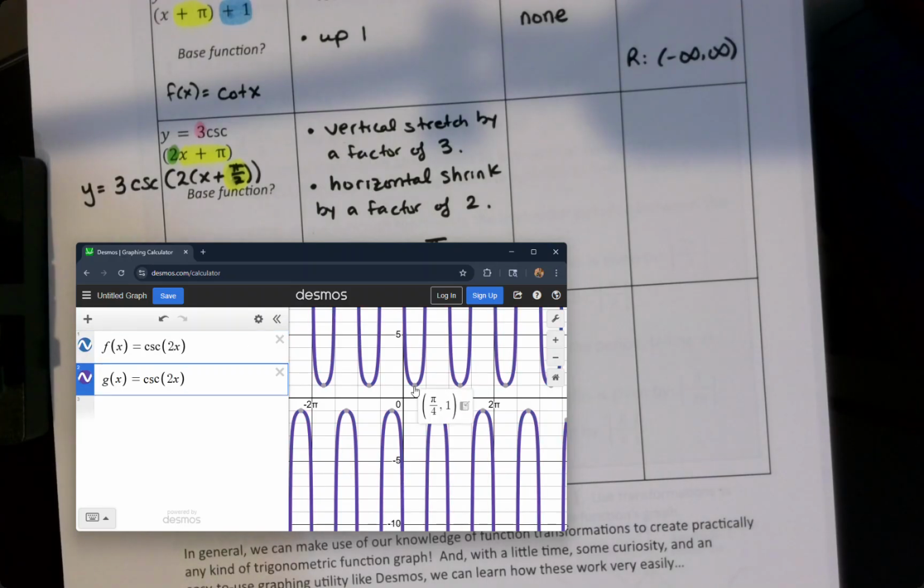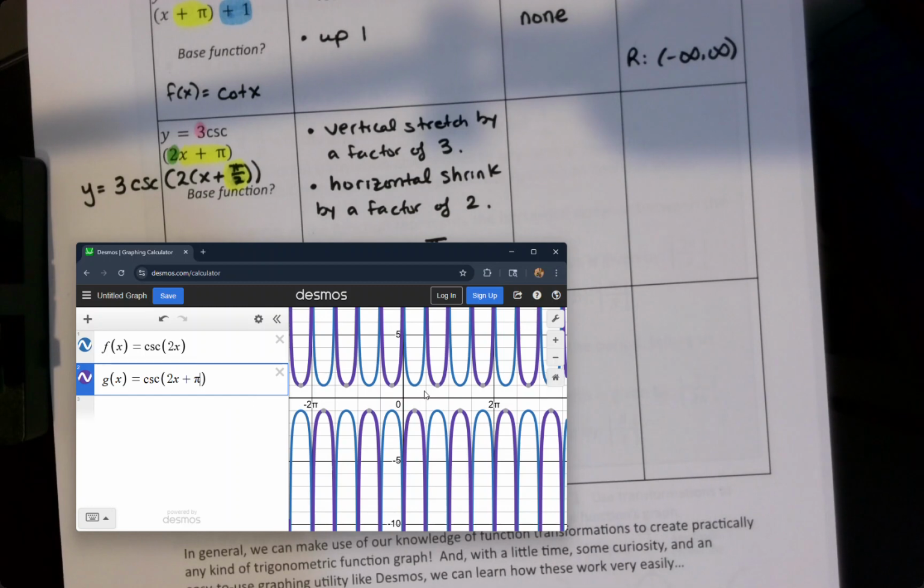So pi halves is here. Pi halves is an asymptote. So when I left shift by pi halves, I can actually just add pi right here. This moved over by pi halves, and because it moved over by exactly pi halves, the asymptote that was at pi halves has moved over to 0. So it looks like we're not going to get a y-intercept from this function either.